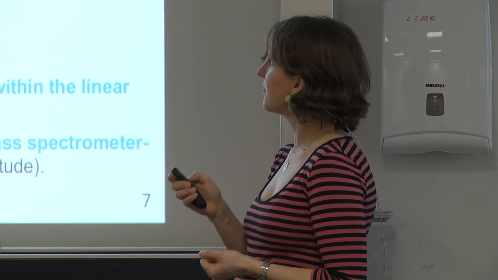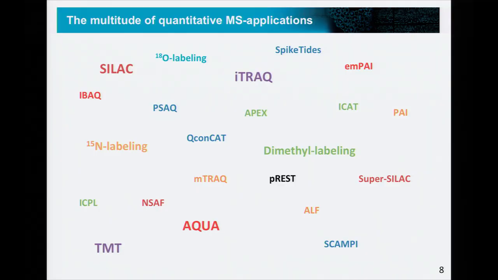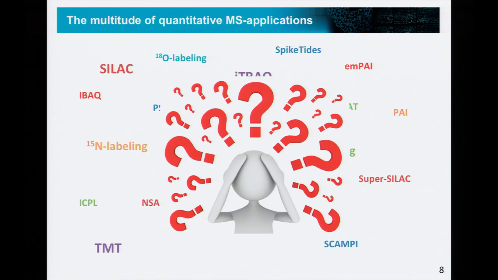Okay? Good. So if we now want to do our first quantitative proteomic experiment, the situation that you face looks like this, namely that there exists a multitude of different flavors and techniques and applications for quantitative proteomics. And everybody in the field always has the big question for every new project: which of these many different techniques shall I use for my project? What's the best?